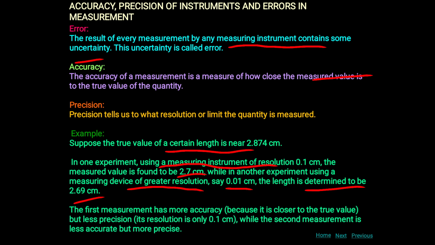The first measurement has more accuracy because it is closer to the true value, but less precision, as its resolution is only 0.1 centimeter, while the second measurement is less accurate but more precise.